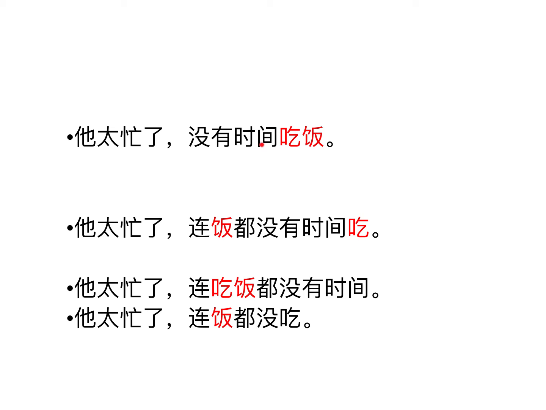But if you do not have 没有时间 here, only have 吃饭, you have to move 饭 the object after 连 and put the verb after 都. So you can say 他太忙了，连饭都没吃。He's too busy.